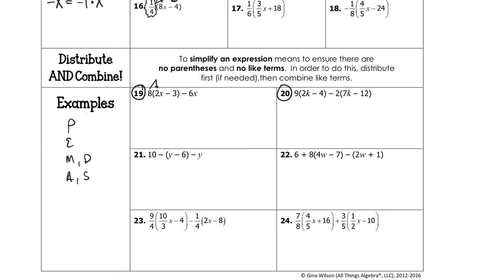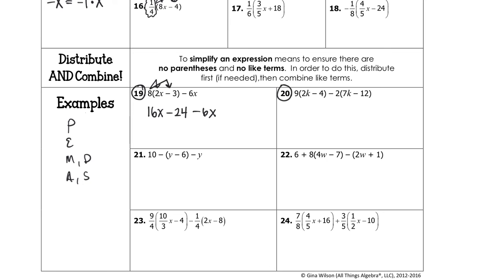So the first thing I'm going to do is take that 8 and distribute it into both things. So 8 times 2x is 16x, and then 8 times -3 is -24. And then I'm just going to write this -6x, right? We're not multiplying 8 into the -6x because the parenthesis closes, which means the -6x is not part of the group.